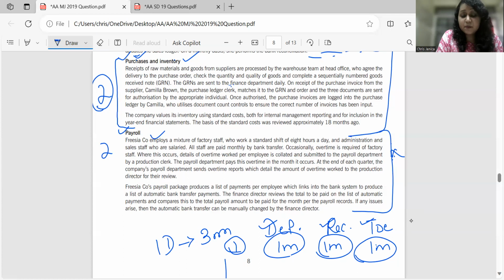The payroll department pays this overtime in the month it occurs. At the end of each quarter, the company's payroll department sends overtime reports which detail the amount of overtime work to the production director for the review. So what do you think is the deficiency here?